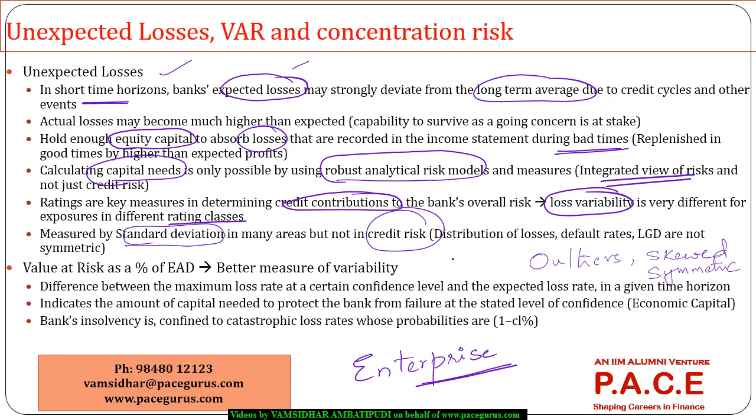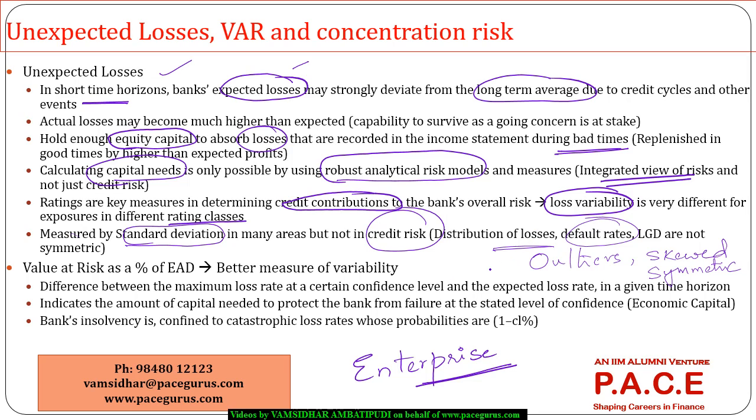And what we see in credit risk is every aspect of credit risk, whether you talk about the losses, the distribution of the losses, they are very much asymmetric. The distribution of the default rates is very much asymmetric. Loss given defaults are asymmetric.